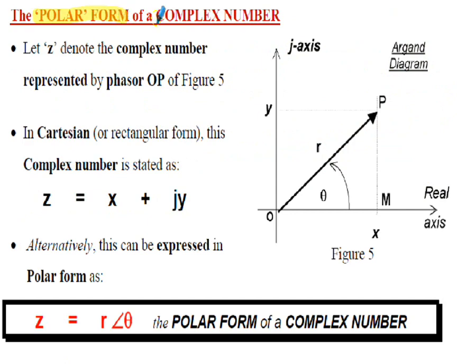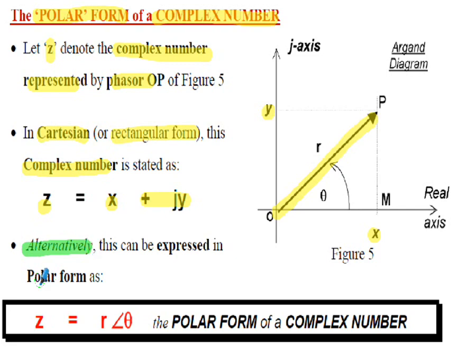The polar form of a complex number. If z denotes a complex number, and it's represented by a phasor shown in the diagram in figure 5, O to P, then in Cartesian form, also called rectangular form, the complex number can be stated as z equals x, the dimension on the real axis, plus jy, the dimension on the vertical axis, the imaginary axis.